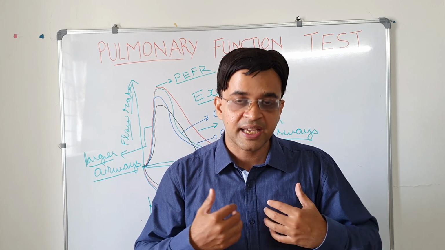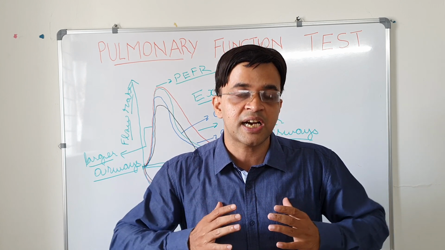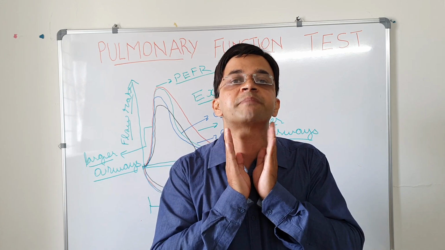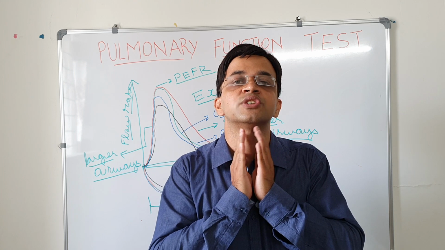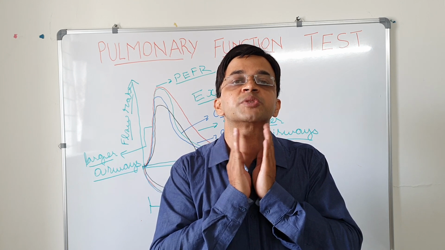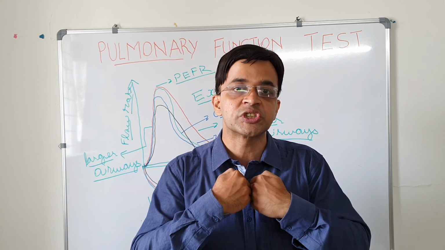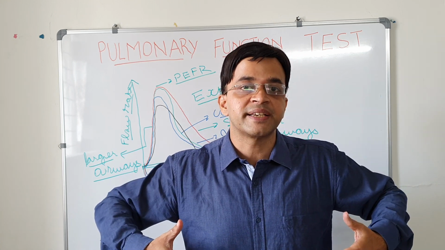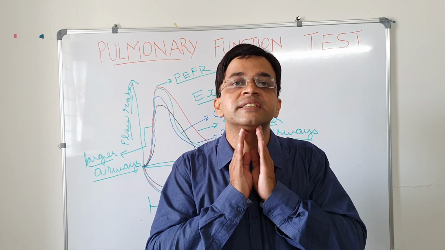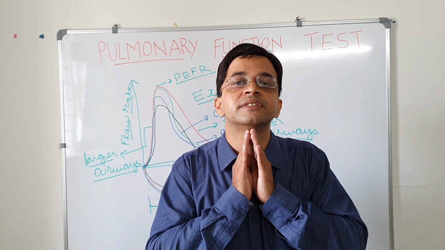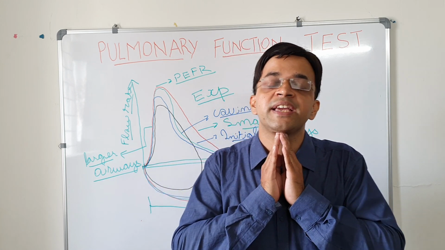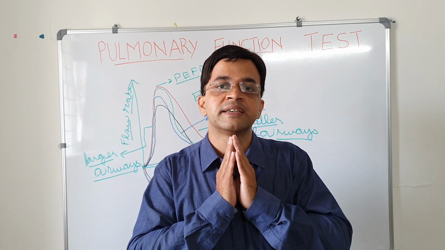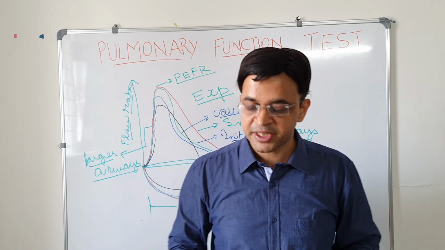When we expire, the lungs are collapsing, but our outer airways are expanding. So in expiration, they don't have that much problem. But in inspiration, our lungs are expanding, but due to recoil effect, they are little contracted. So basically, in case of extrathoracic obstruction, we are going to have problem with our inspiration.